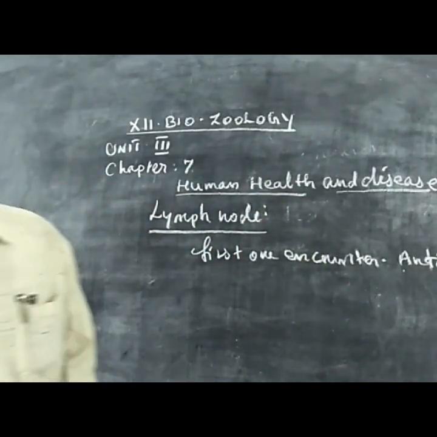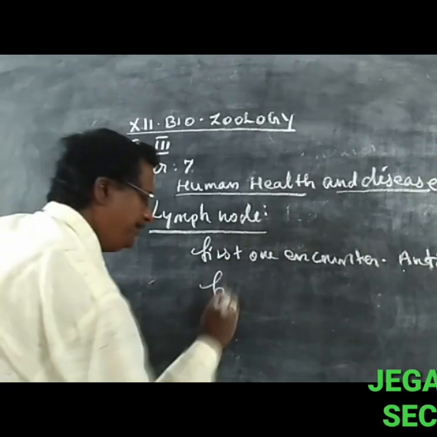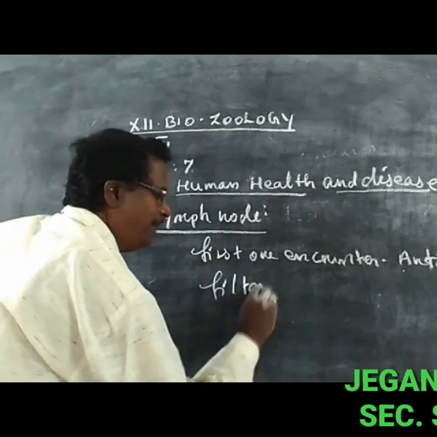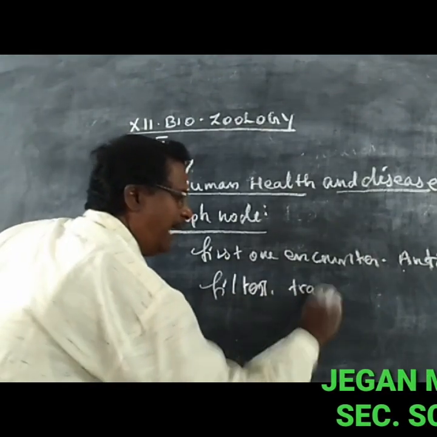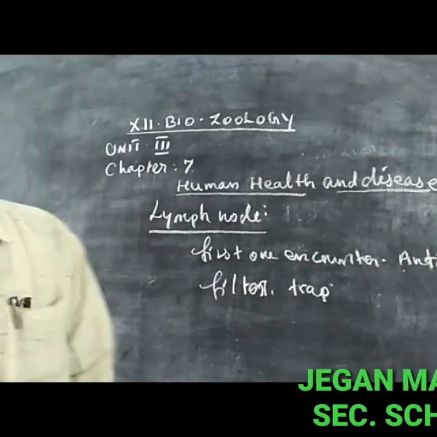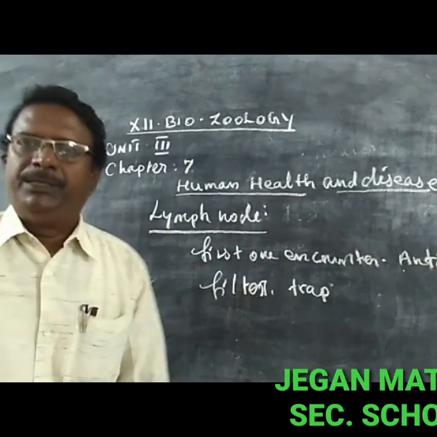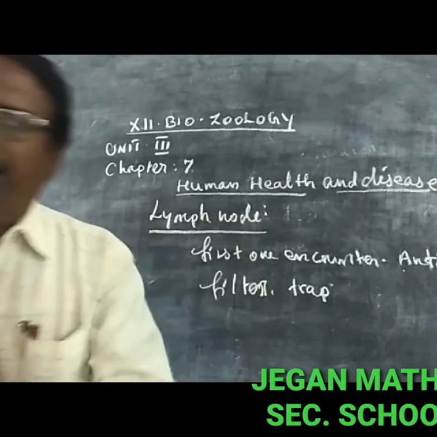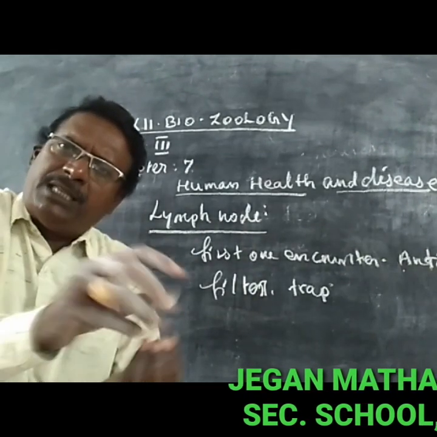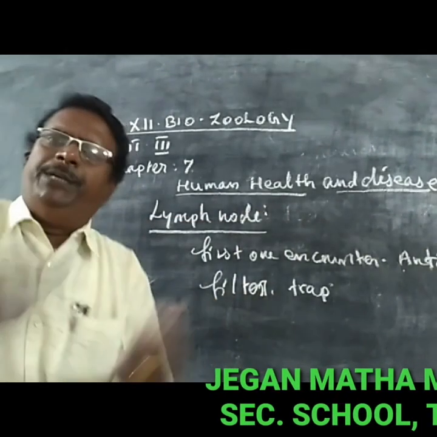So the lymph node is a filter and traps the antigen. It filters and traps the substances that travel through the lymphatic fluid.